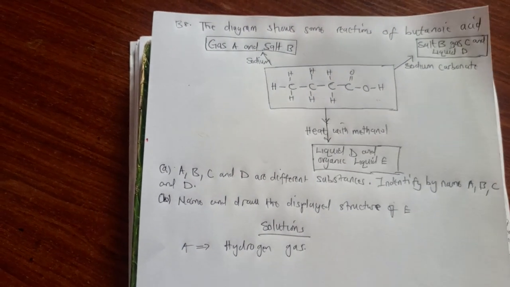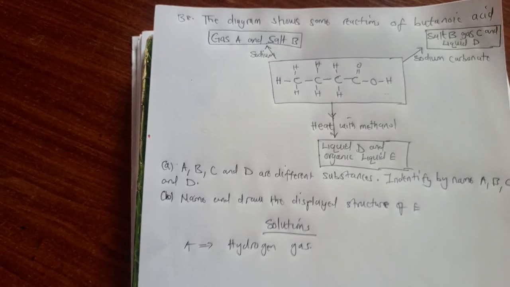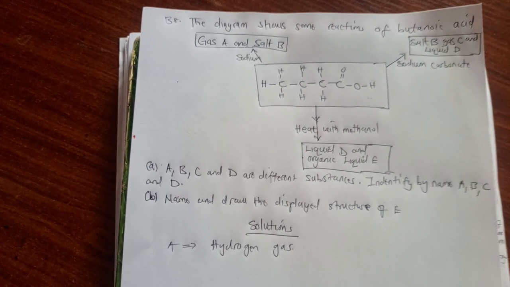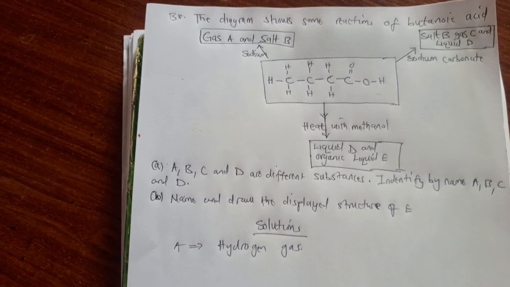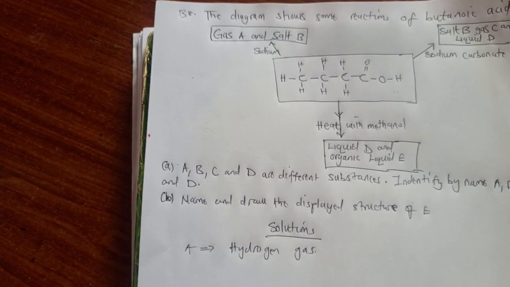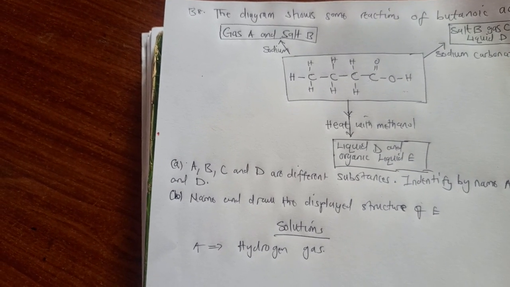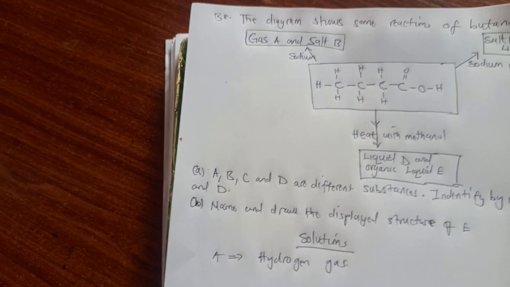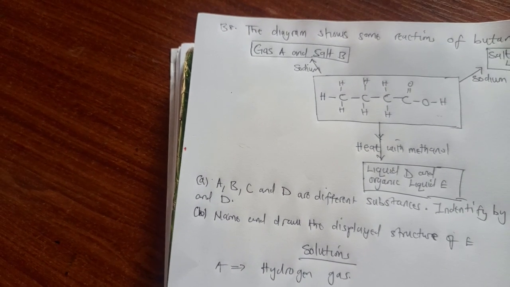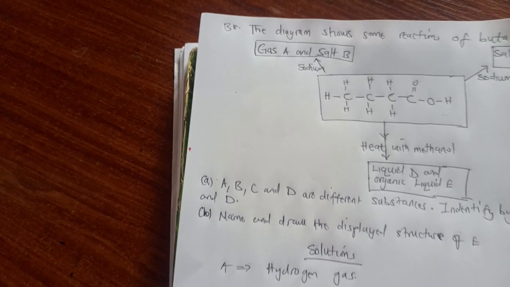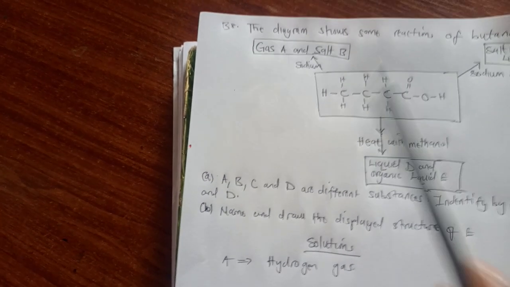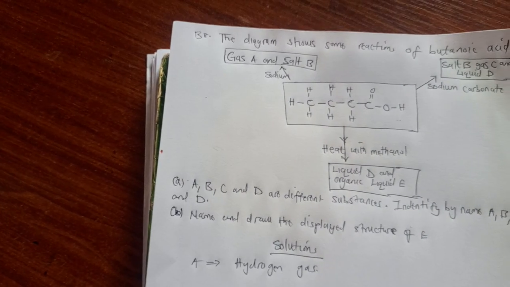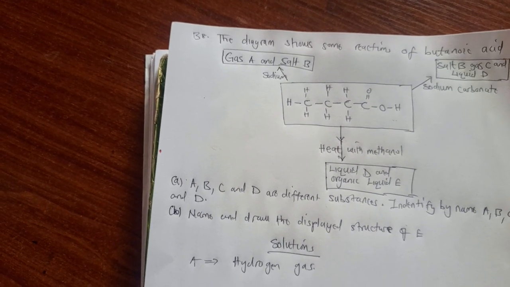Now what type of salt? Usually the name of a salt is derived from the name of an acid. For example, sulfuric acid forms sulfate salts, such as sodium sulfate or magnesium sulfate. In this case, we have butanoic acid, so the name of the salt will carry the name butanoate.